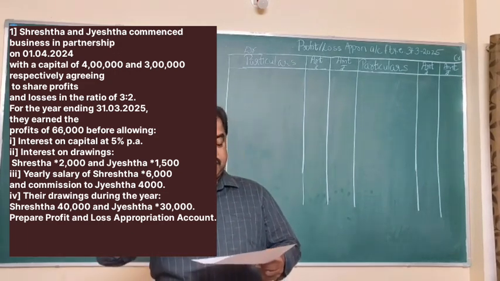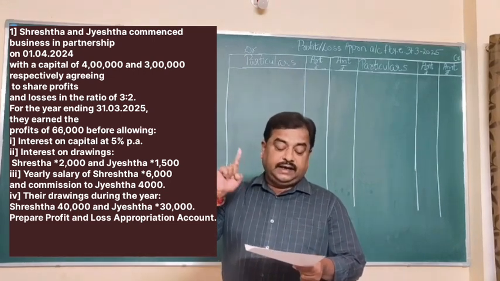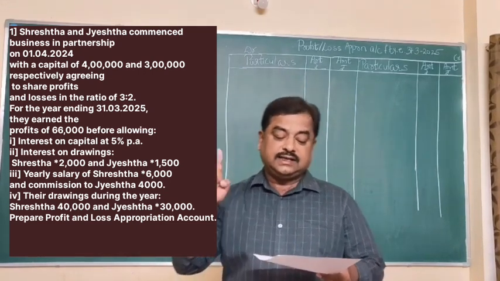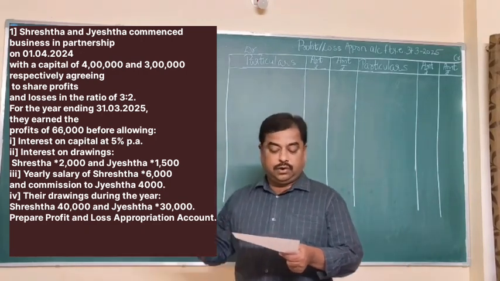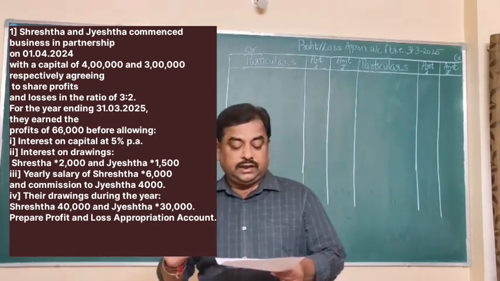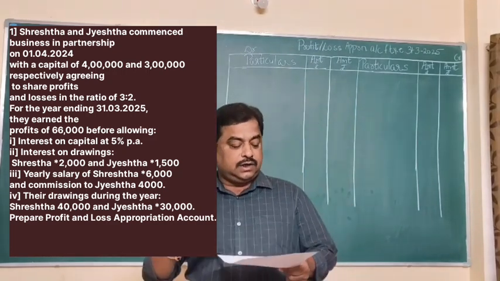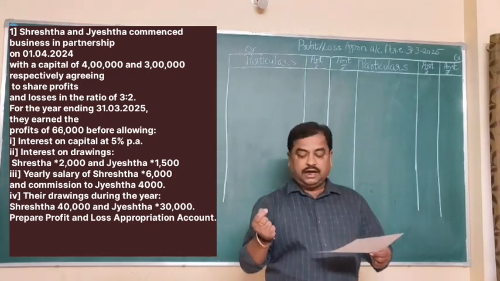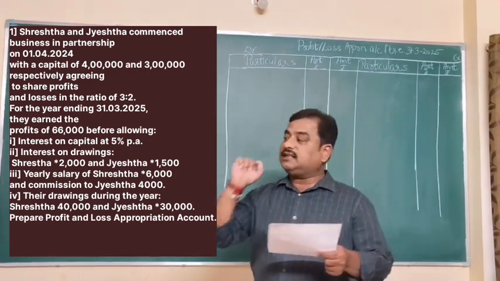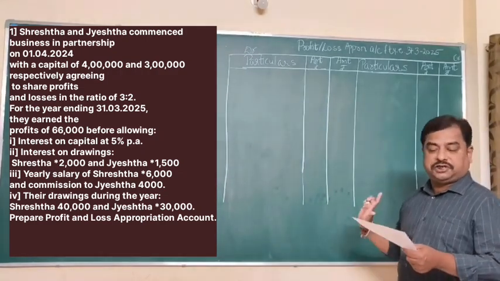Interest on drawings, Shrestha 2000, Jyeshtha 1500, yearly salary to Shrestha 6000, commission to Jyeshtha 4000. Okay, their drawings during the year, Shrestha 40,000 and Jyeshtha 30,000. Question is prepare profit and loss appropriation account. Now here in this particular problem they are asking us to prepare profit and loss appropriation account.